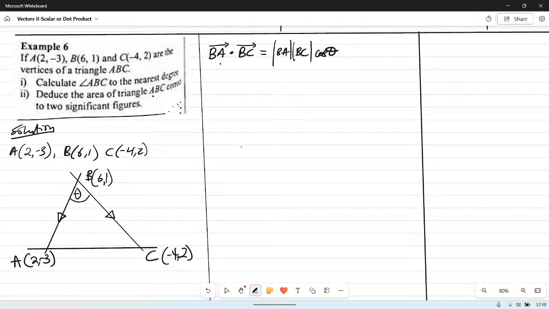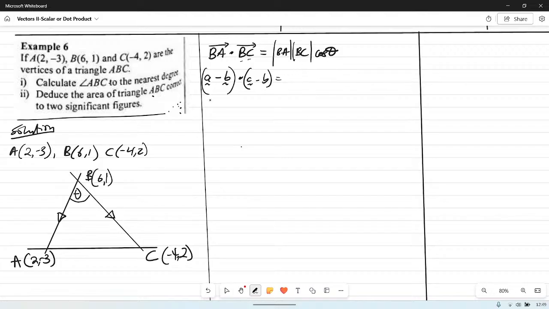It's always the new minus old. So you have A minus B, right? When you solve that one, then you dot product it. The new minus old, C minus B, right? Then this one becomes BA. We don't even know the BA, so let's find the BA first.